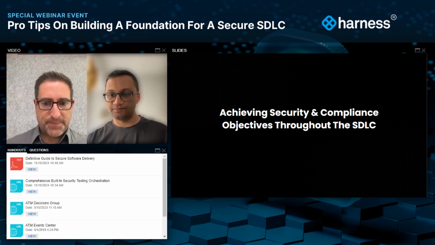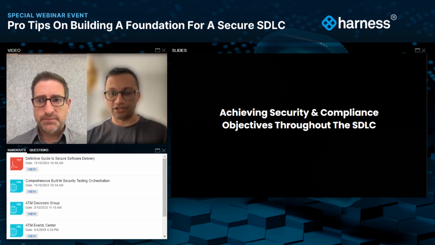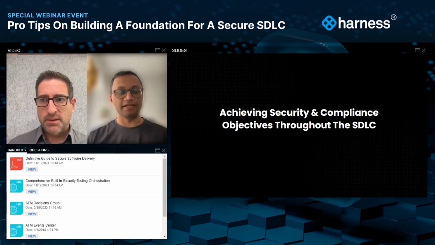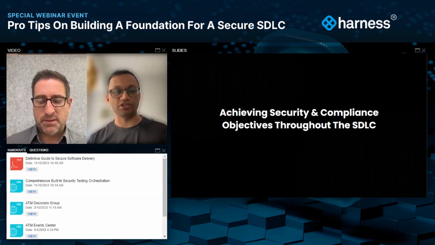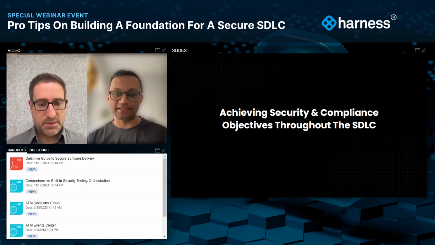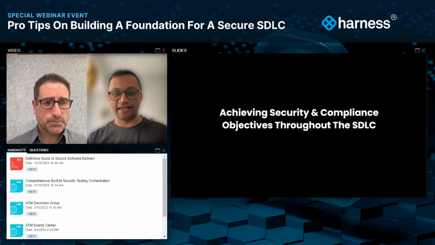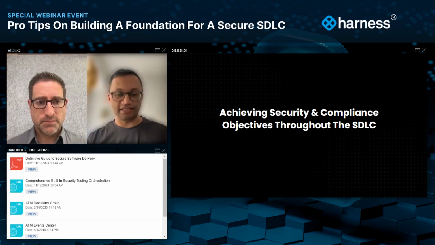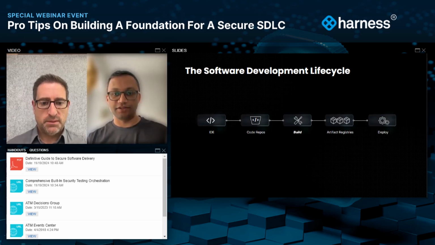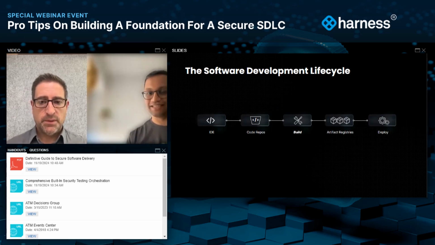Yeah. So Sean covered some really good points around security posture and security best practices. Now let's look at how they can be applicable throughout the SDLC. For the sake of this particular webinar, let's keep it very simple.